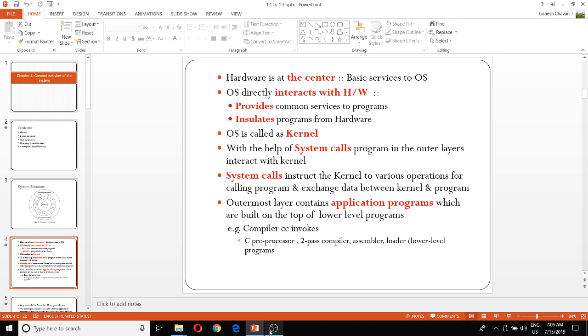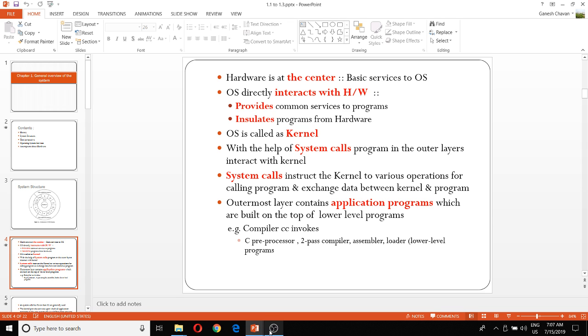Operating system directly interacts with the hardware by providing common services to the programs as well as insulating programs from hardware. Operating system is called as kernel. With the help of system call programs in the outer layers interact with the kernel. System calls are actually the instructions to the kernel to various operations for calling program and exchanging the data between kernel and the program.